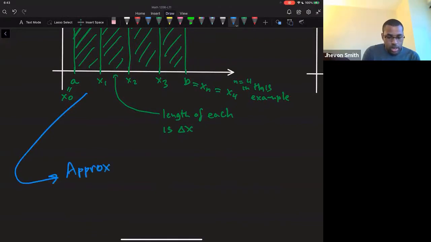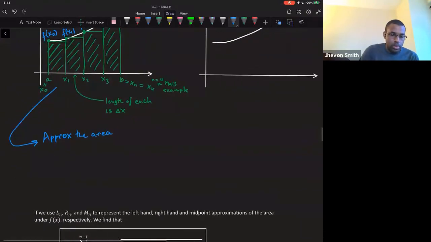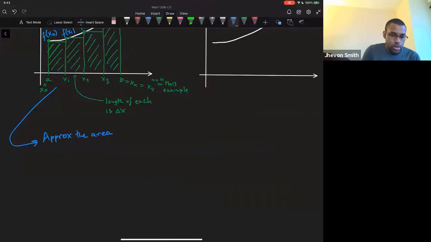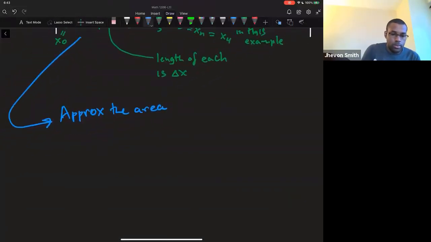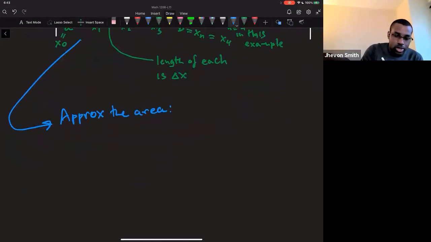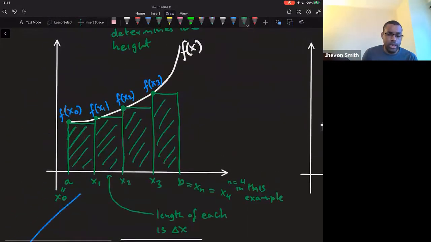Approximating the area. So here's what I can say by the left-hand rule. The area is approximately equal to f of x0 times delta x. That's the area of the first rectangle.